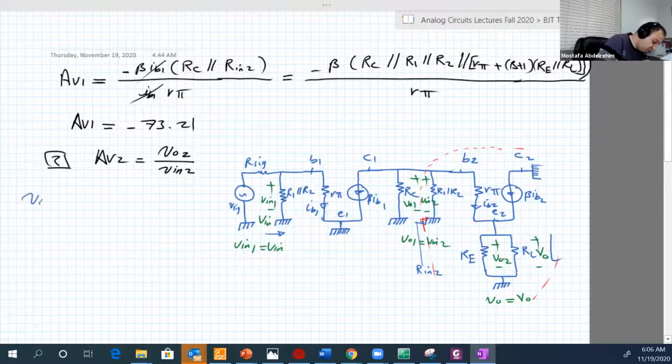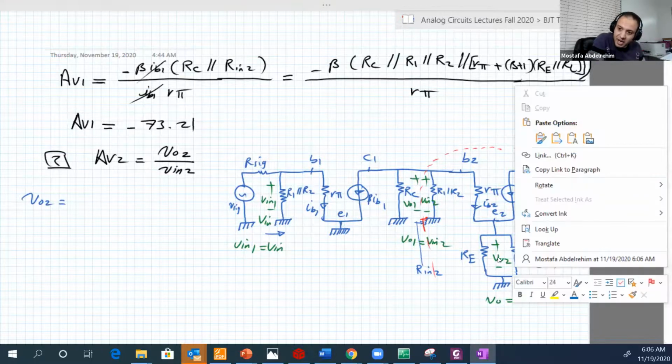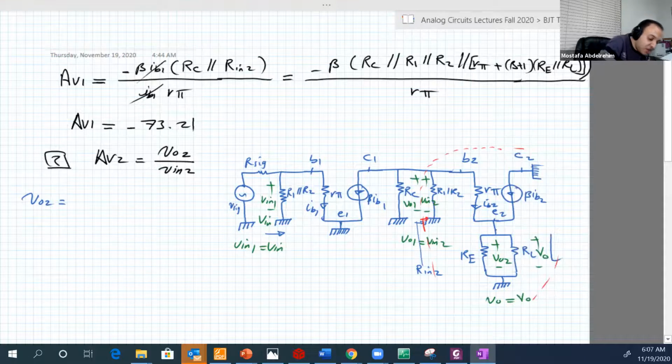So VO2 is equal to the voltage across RE or RL or the parallel combination of them. And the current flowing in the parallel combination is the addition of that current, which is IB2, and that current, which is beta IB2. So it's actually beta plus 1 IB2 multiplied by RE parallel RL.